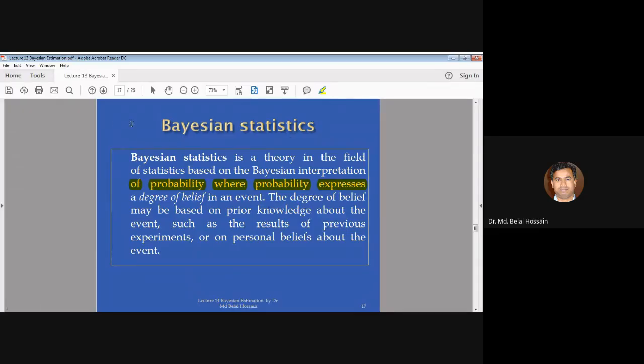You write f of x, like this. This is the density function, and theta is the unknown. Okay, theta is that unknown quantity.